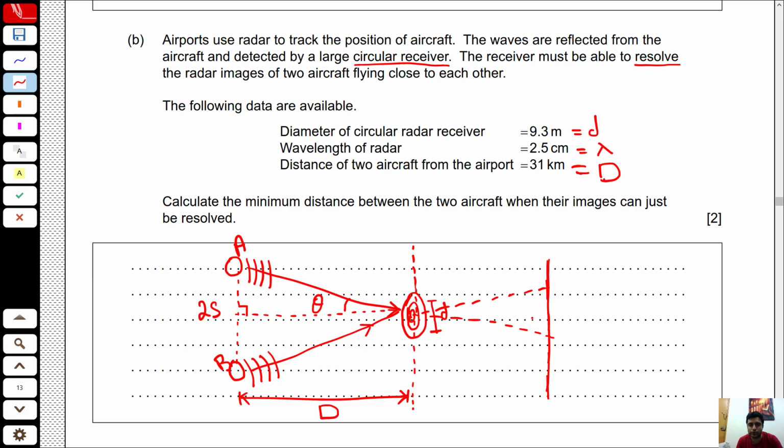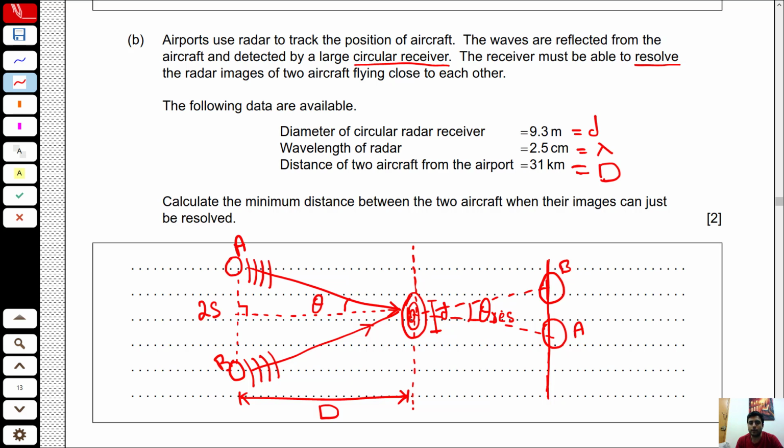A camera has a backside, just like the retina of our eye is the backside of our eye where the image is actually projected and produced. So the image of B is produced here, and the image of aircraft A is produced here. And call this the angle. This is the angle of resolution, RES.